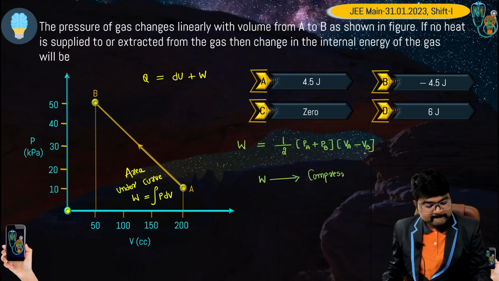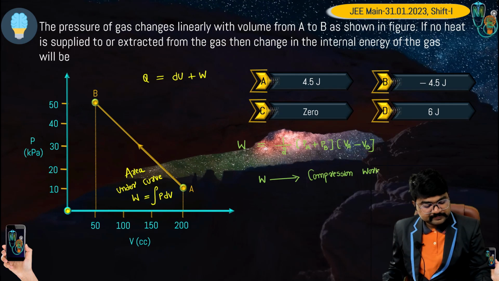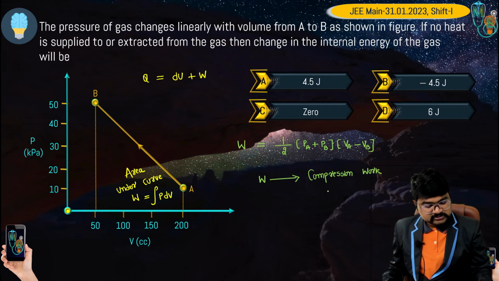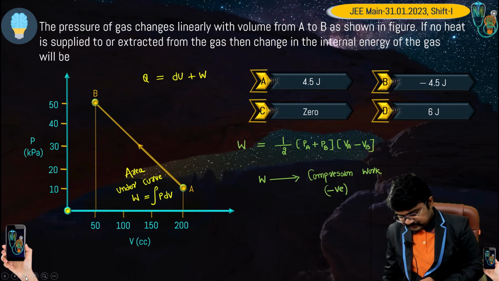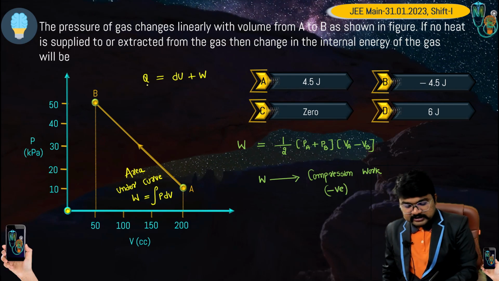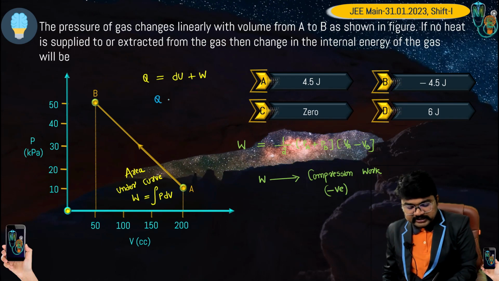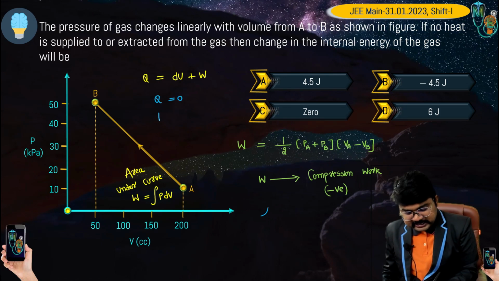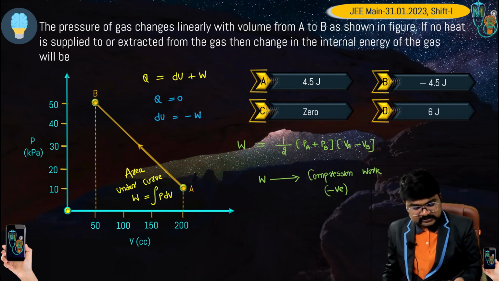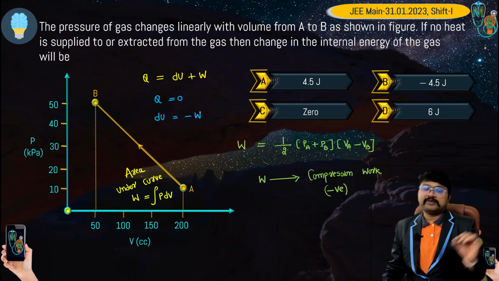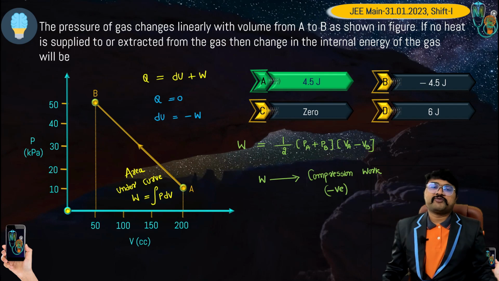So this would be negative. Here heat transfer equals 0, that is the given data. dU equal to negative W. So we substituted everything and we got the answer. What is the final answer to this question? 4.5 joule.